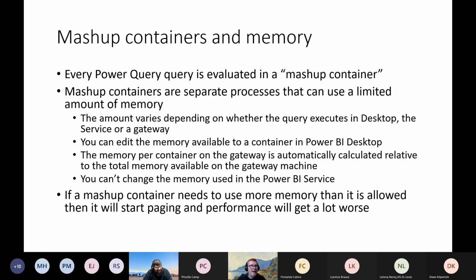On the Power BI Gateway machine, this goes back to what I was saying earlier, where the amount of memory available for a single mashup container is calculated relative to the overall amount of memory available on the entire gateway machine. So even if it doesn't look like your gateway is under memory pressure, increasing the amount of memory could improve performance of your refreshes because it'll mean that a larger amount of memory is available for a single mashup container and a single Power Query query.